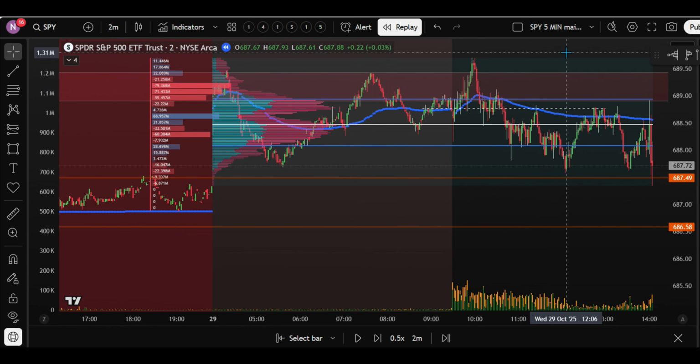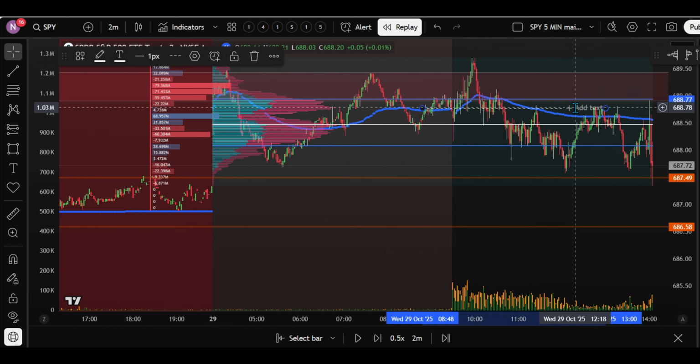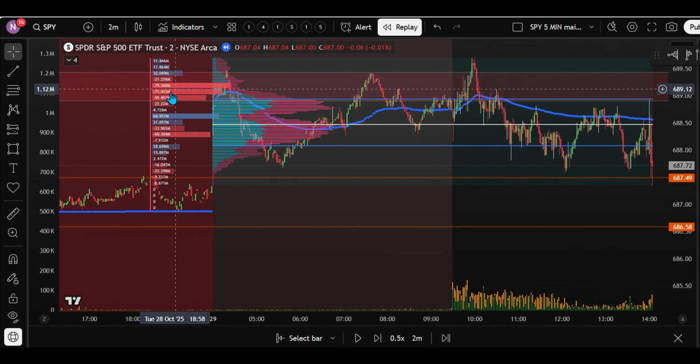Keep in mind, definitely also keep in mind market structure, higher highs, lower lows. But this is a tool that will allow you to give a little bit of extra layer of depth to your trading and to see through another window of where the buying and selling is actually taking place. So go ahead and definitely throw this on a chart.